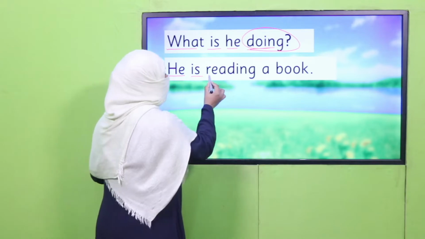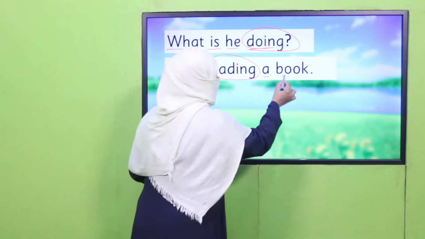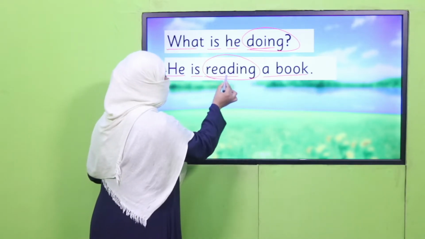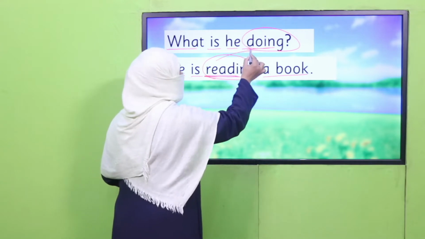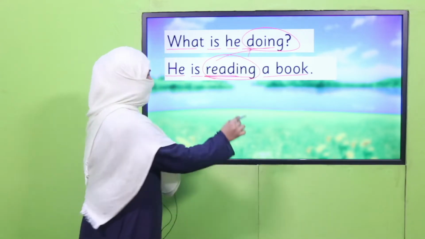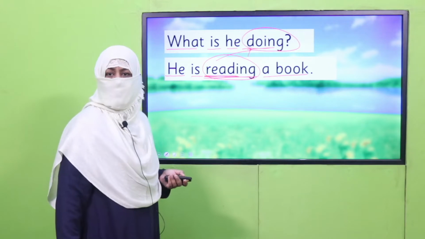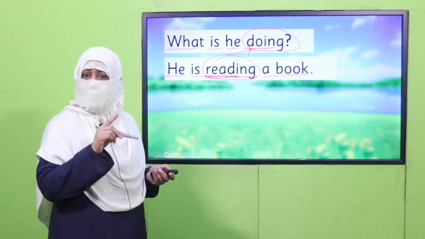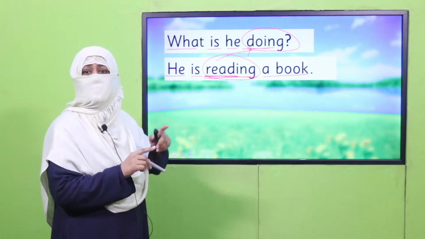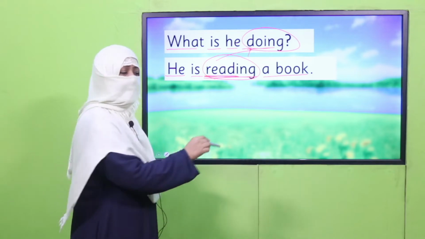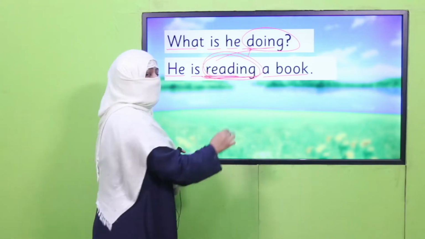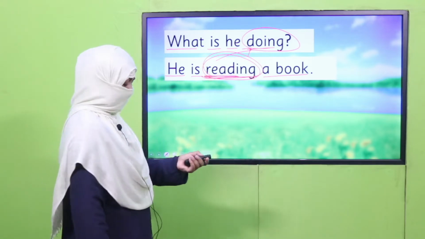He is reading a book. So this word reading is telling about the action of that person. This is verb. What we learnt before, it's action word which tells about the action of a person, and grammatically we say it's verb, right?